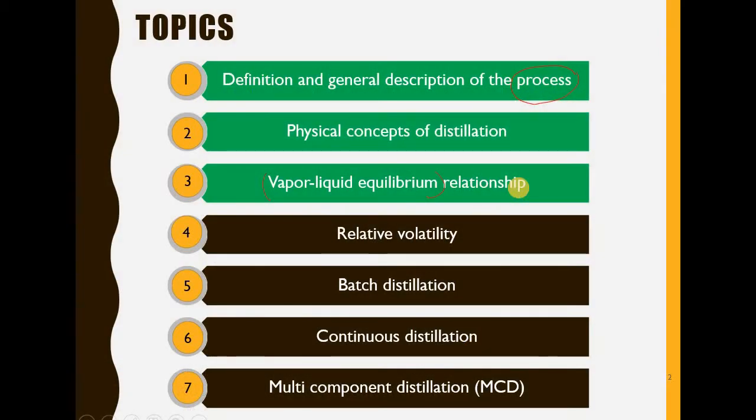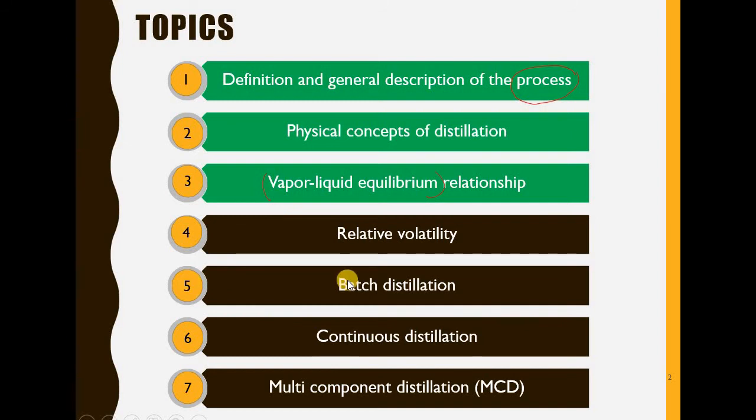So in this chapter 2, we have 7 topics we are going to cover. I think we are going to cover up to 6 topics. The first topic will be on the definition and general description of the process, number 2 will be on the physical concept of distillation, number 3 will be on the vapor-liquid equilibrium relationship, and topic 4 we will learn on the relative volatility.